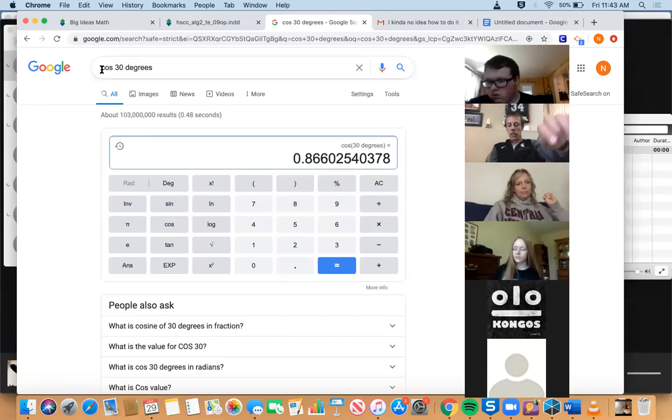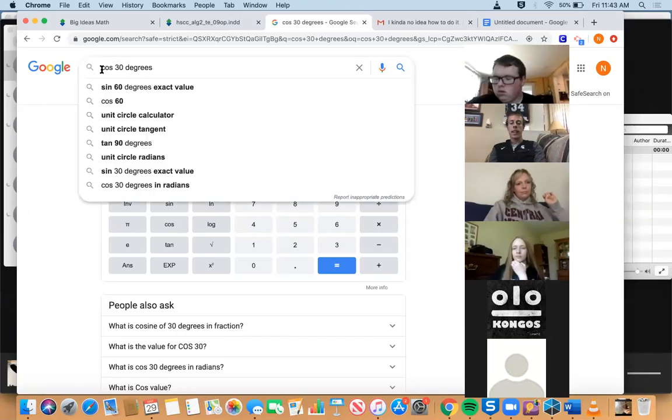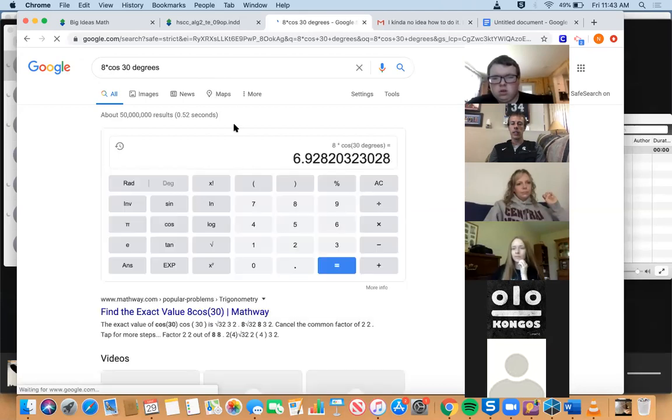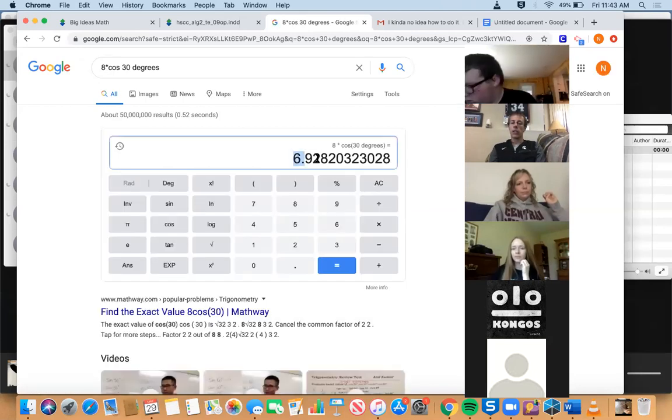In our problem, we said 8 times the cosine of 30 degrees. You can plug that in a calculator and it will give you your exact value. If you want to go to 2 or 3 decimal places, that's good enough for me. This isn't chemistry class where you have to have sig figs or anything.